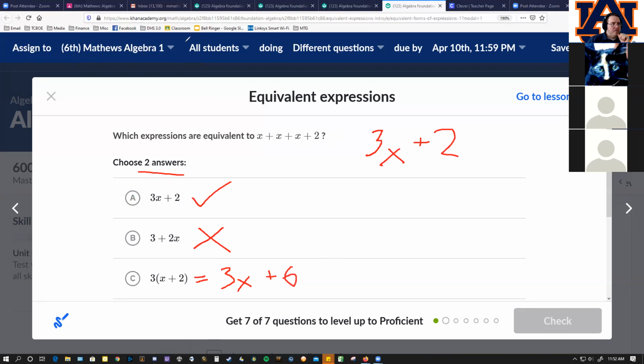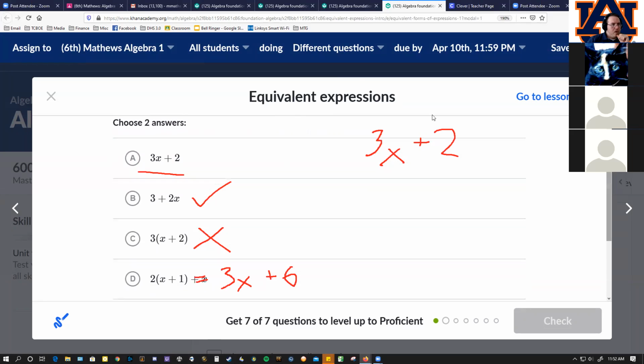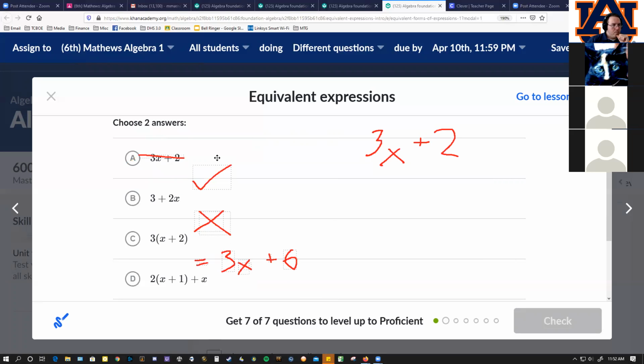Oh, I need to scroll down, so this is not going to line up anymore. Hang on. Let's get all technical. Oh, that was sweet.